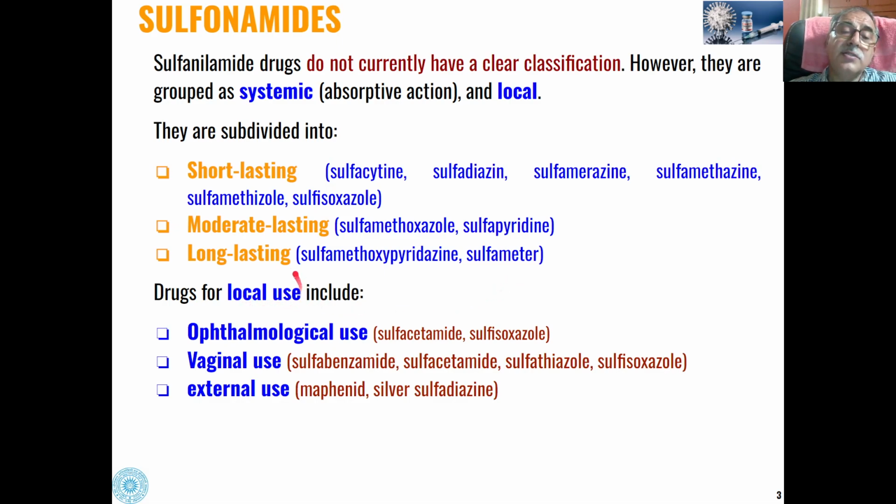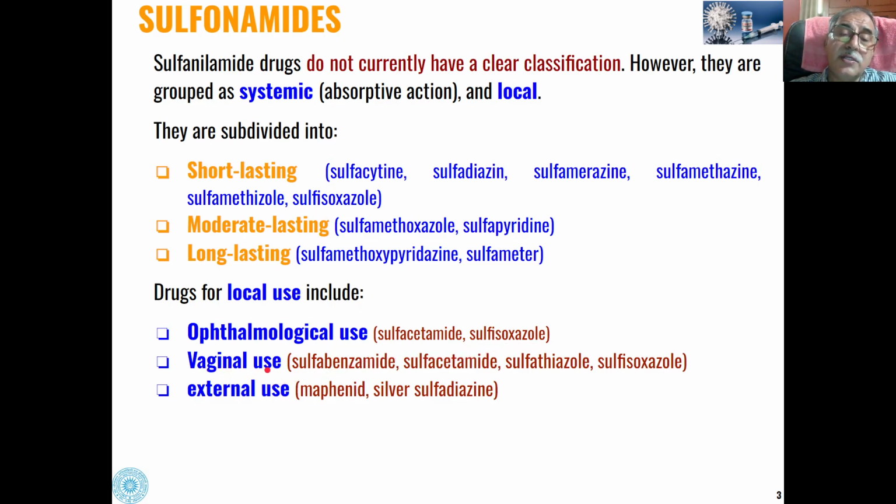Then there is another classification which is based on the local use of these drugs. If the use is ophthalmological, that is concerning the eyes, then these are two examples: sulfastamide and sulfoxazole.